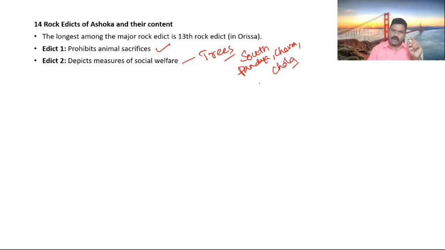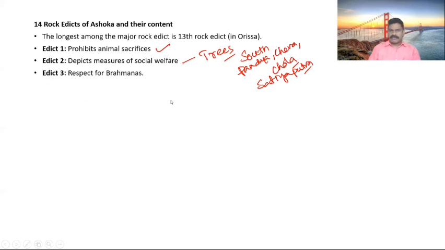Pandya, Chera, and Chola are considered Sangam kingdoms, but it is not known where the Satyaputras were. According to some historians, the Satyaputras were the Satavahanas, but that is not exactly correct.